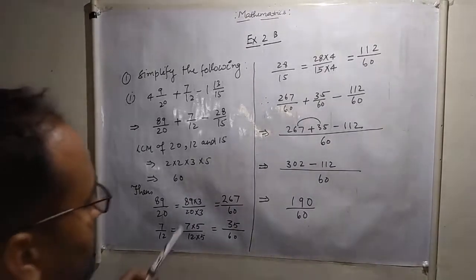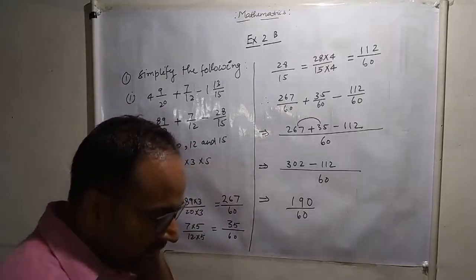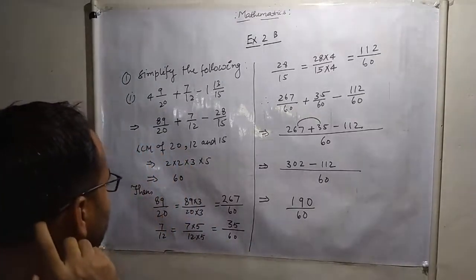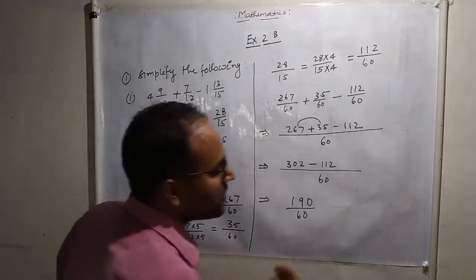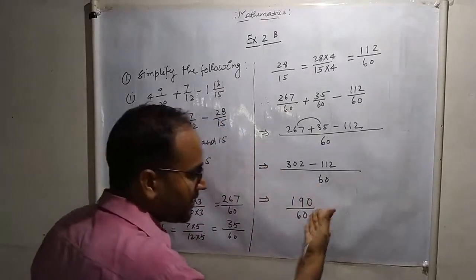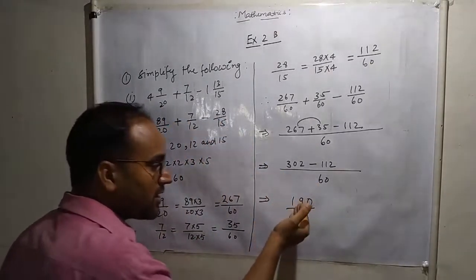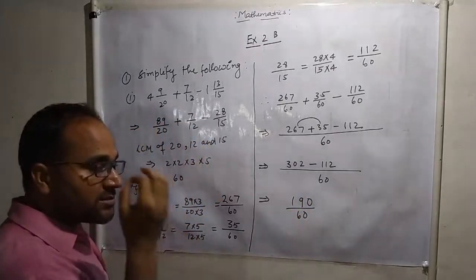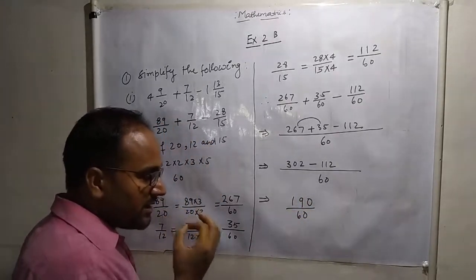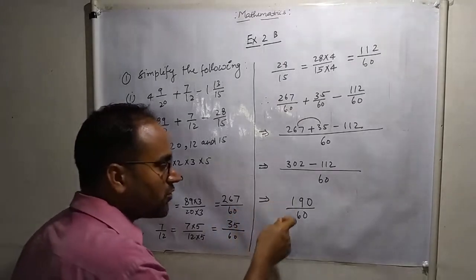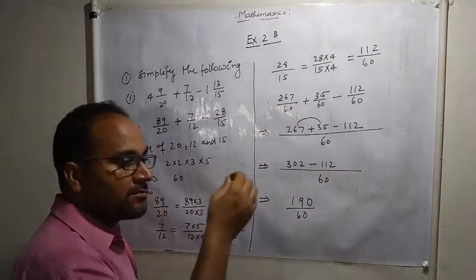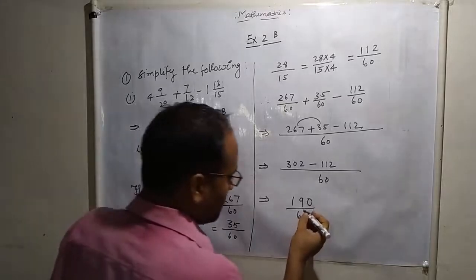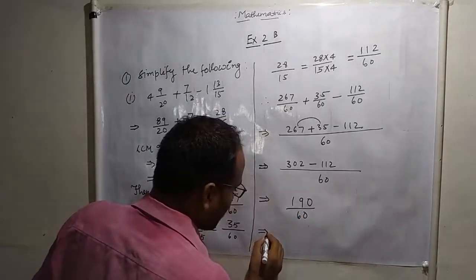Okay students, this one is 190 upon 60, and then you will reduce it into the simplest form. You know that you can reduce it by prime factorization or by cancelling out numerator and denominator with the same non-zero number till it is not going to be cancelled out by any same number. I think both will be cancelled out by 10.